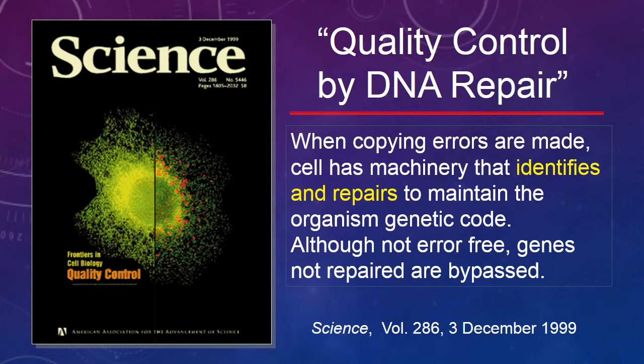Although not error-free, genes are not repaired or are bypassed. This is kind of important because evolution relies on copying errors to build greater and more complex things. But Science magazine says there's a repairing system here. Now, what are we talking about?